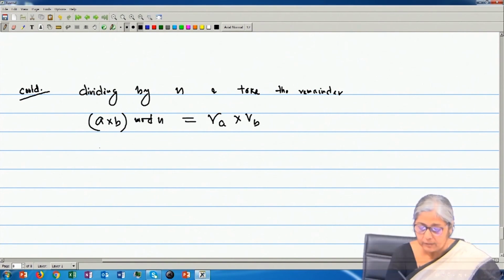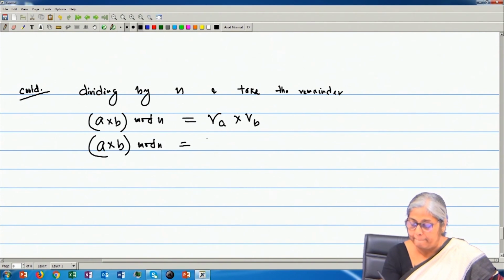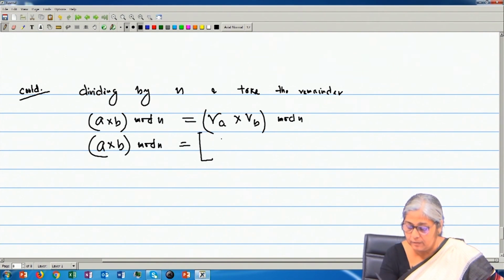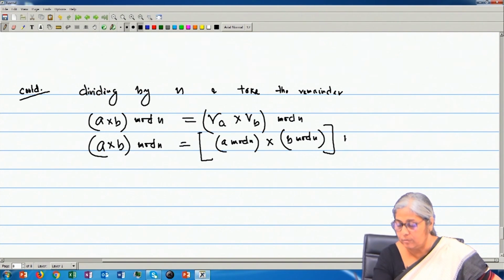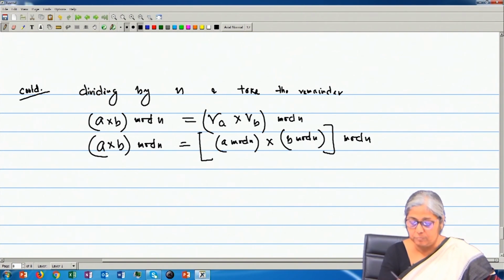So a cross b modulo n is r a r b modulo n, which is a mod n into b mod n, into mod n. So, it is proved.